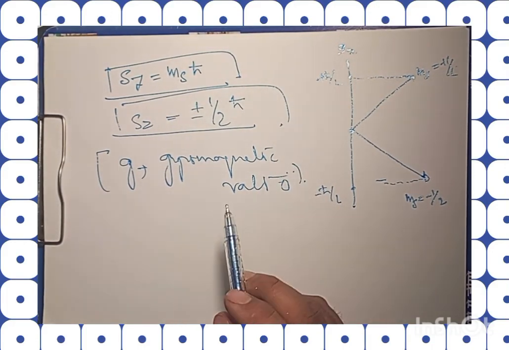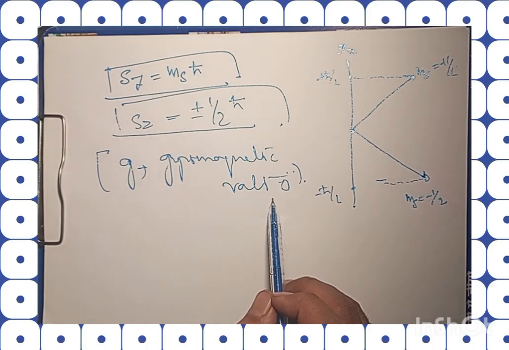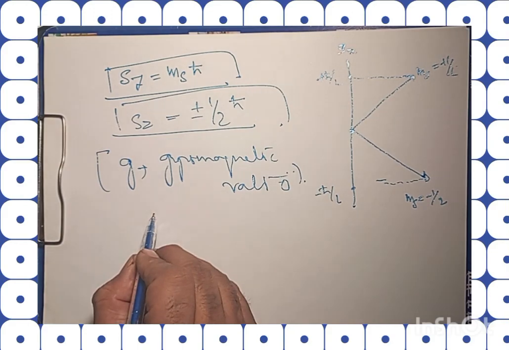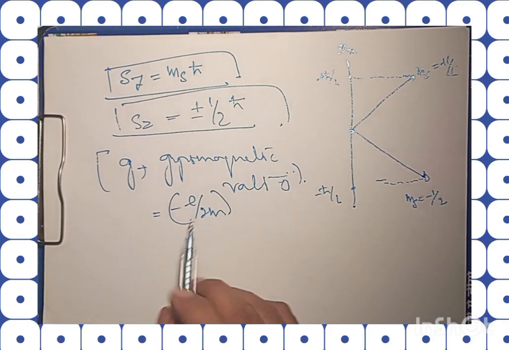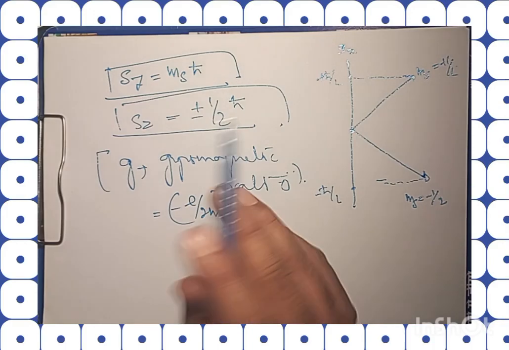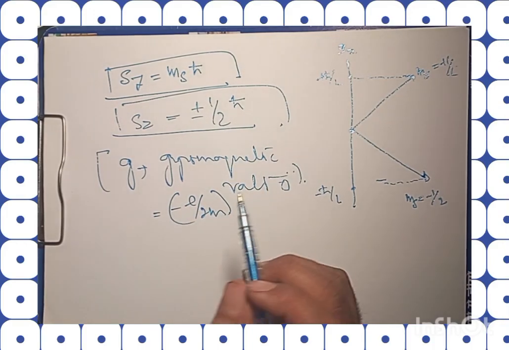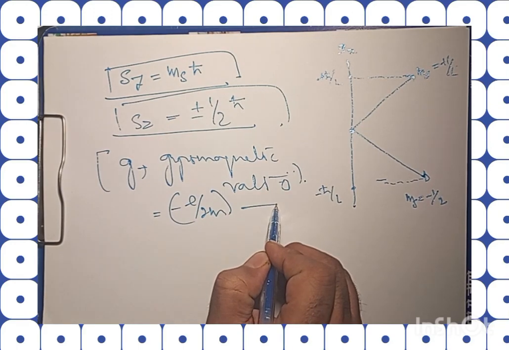The gyromagnetic ratio of the electron's orbital motion was equal to minus e by 2m. Now, the gyromagnetic ratio characteristic of electron's spin is almost exactly twice that of the electron's orbital motion.